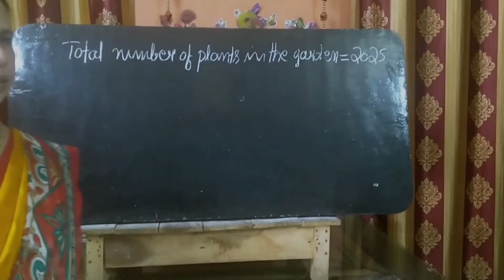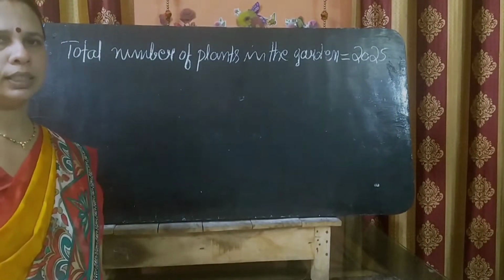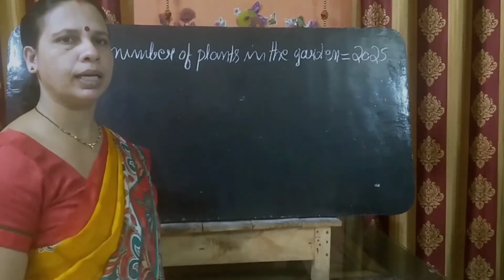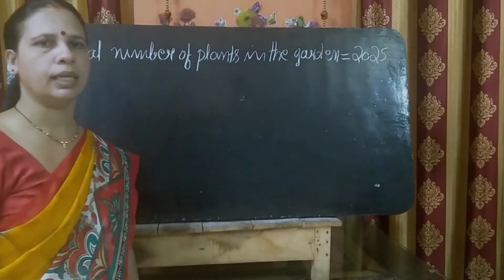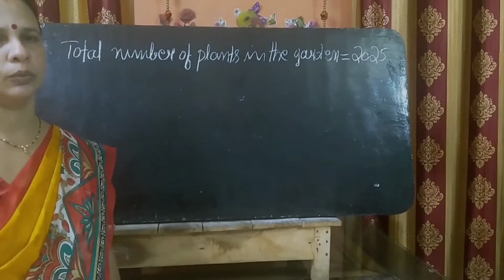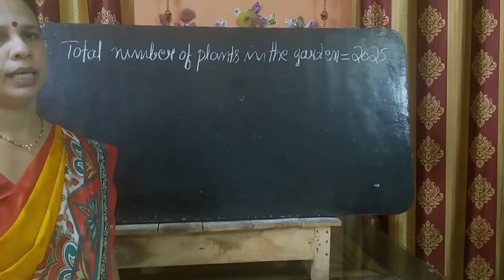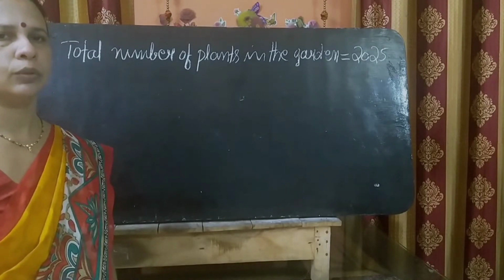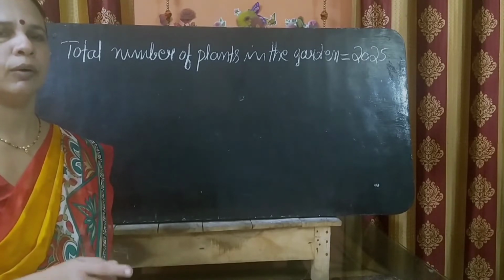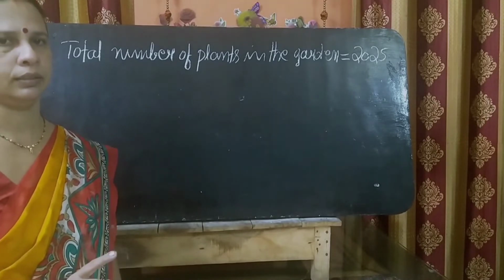According to the question, number of rows is equal to number of plants in each row. How many plants in each row is equal to how many number of rows are there?